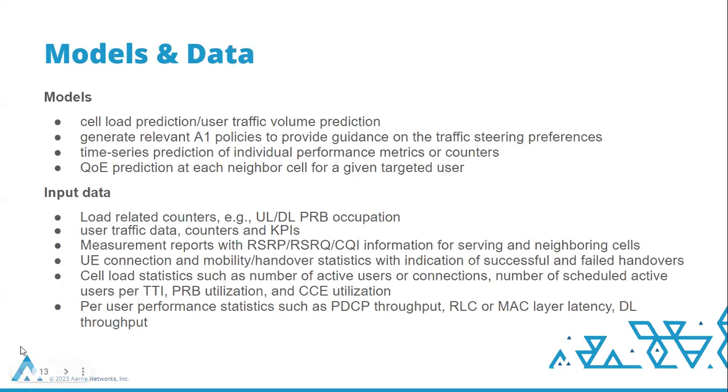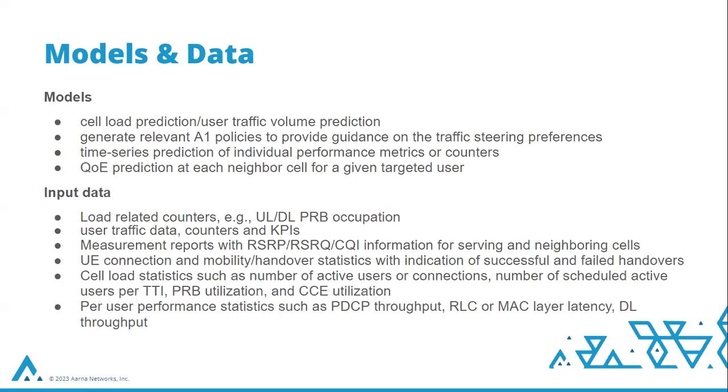In order to deploy all these models as rApps, it needs the data. So here we have listed some of the data which these models might require, like load redirect metrics like uplink and downlink, the PRB occupation, which is physical resource block occupation, what kind of user traffic it is, the counters, some of the KPIs which are already defined, measurement reports of the serving cell and also the neighboring cells, some UE-related metrics, and cell load statistics.